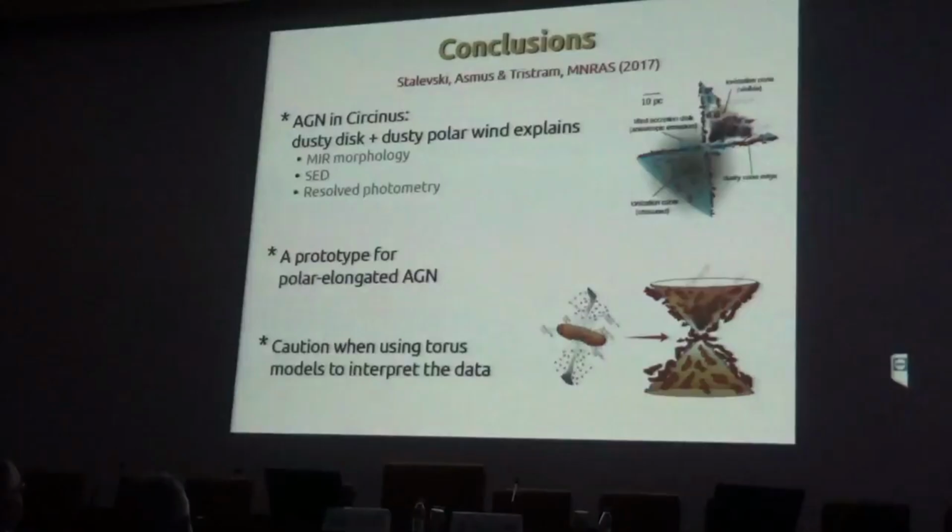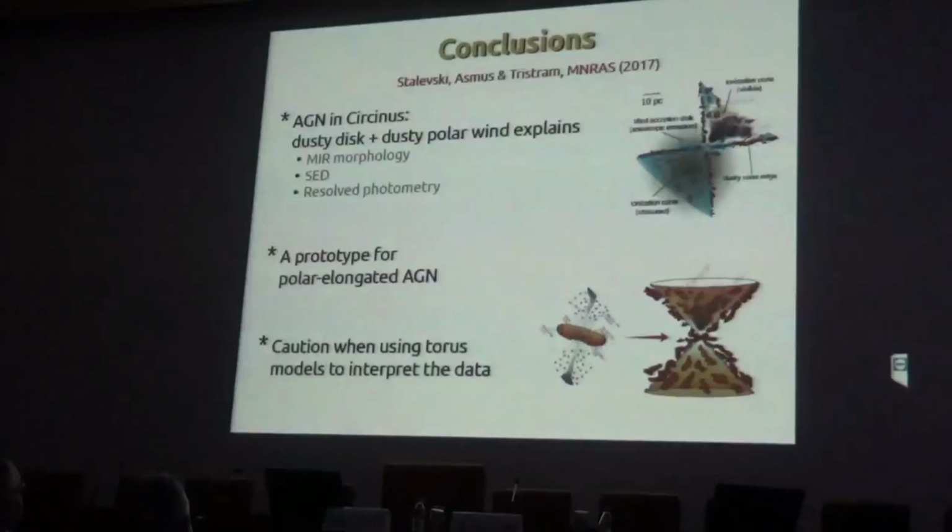So there is plenty going on, and I will conclude by saying that our prototypical AGN in Circinus turns out not to be so prototypical as well. We show that its infrared morphology and SED can be explained well by a model of a small compact dusty disk and a large hollow dusty cone, which explains the morphology, SED, and the resulting photometry.